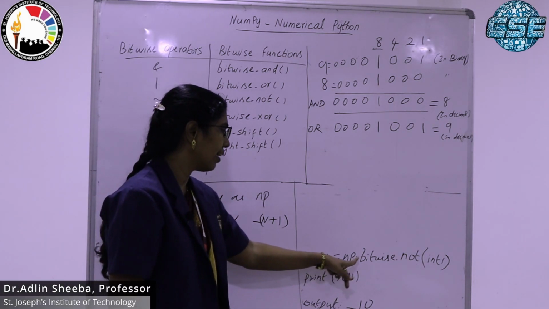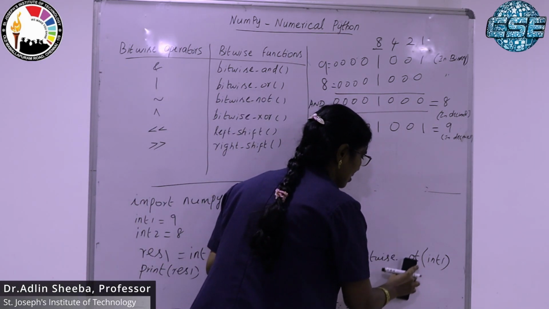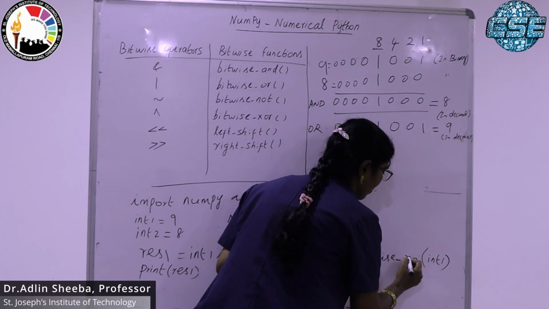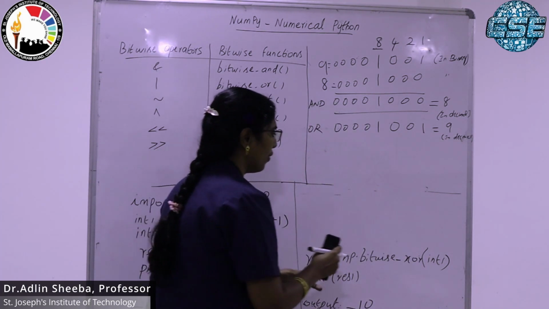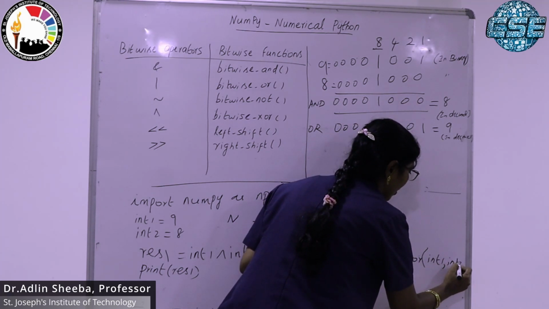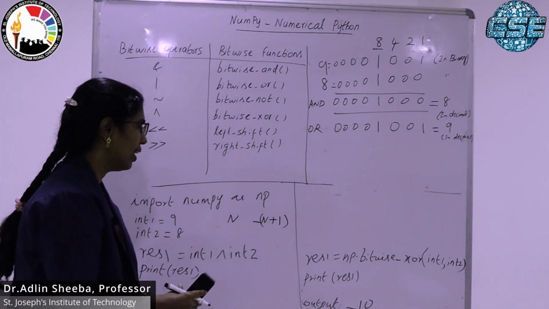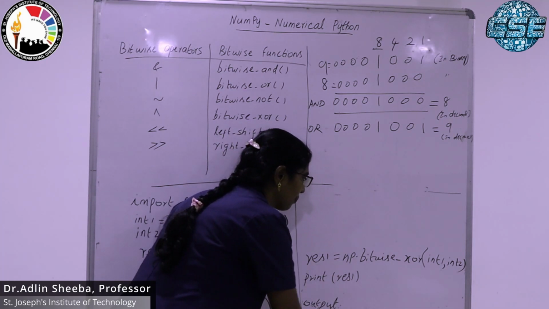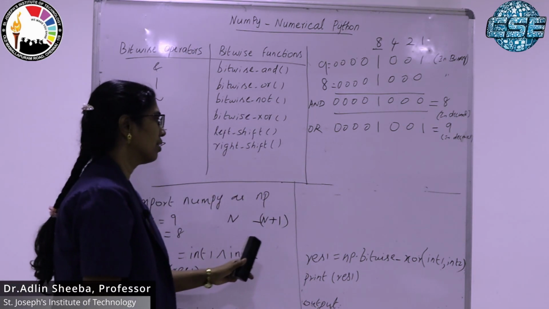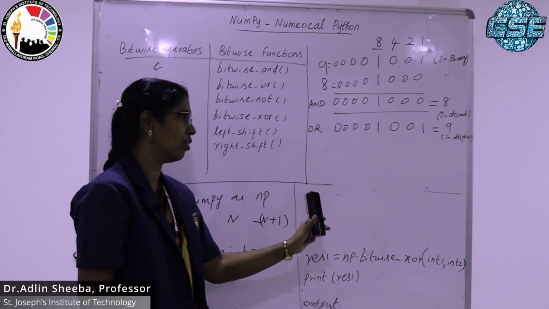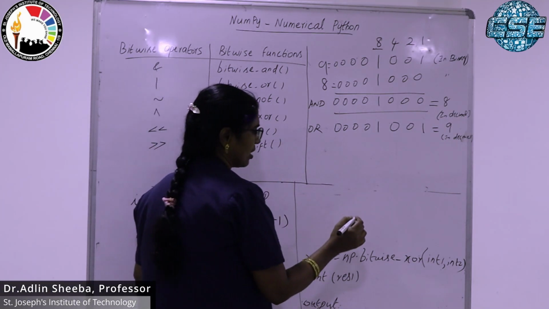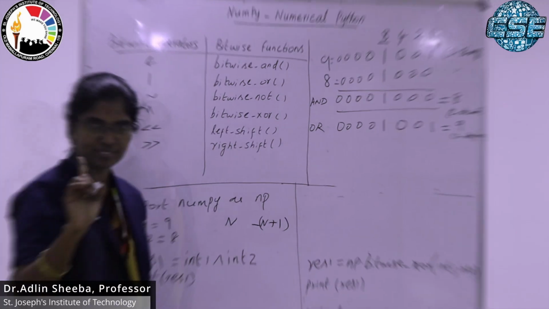Here for bitwise XOR, the function is bitwise_xor of int1 comma int2, and then we are printing the result. For bitwise XOR, the truth table is: if both values are 1, the output is 1.